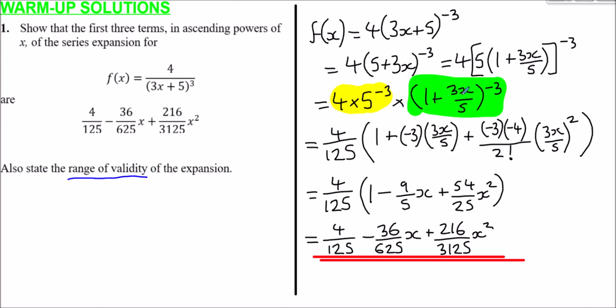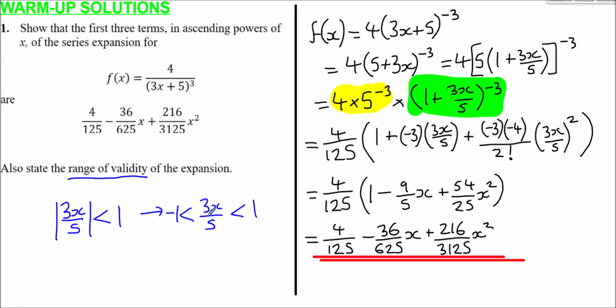we need this 3x over 5 to have a magnitude of less than 1. In other words, we need 3x over 5 to be no greater than 1 and no less than minus 1.